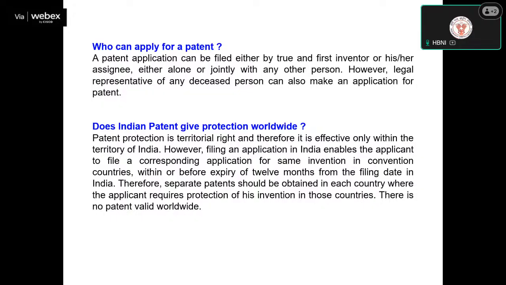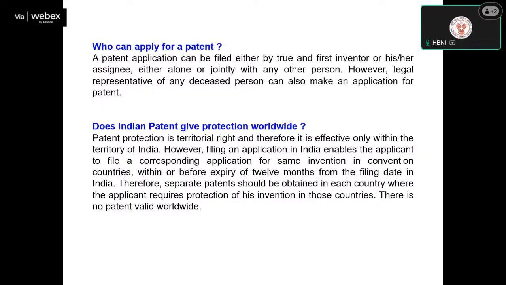So if I am carrying out research and developing a product, I can go for the patent application. If a few of my colleagues are involved with me during the patent preparation and have contributed immensely during the product formulation or the development of the invention, I can include them, or we can jointly formulate the patent application.